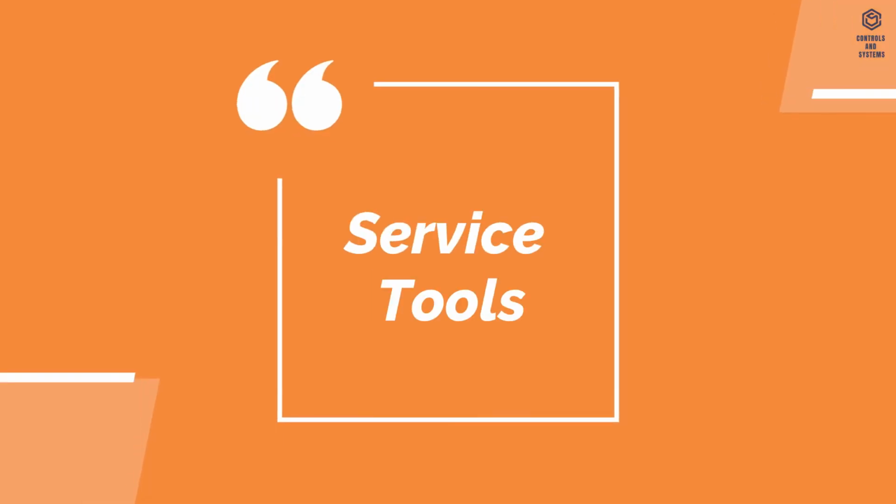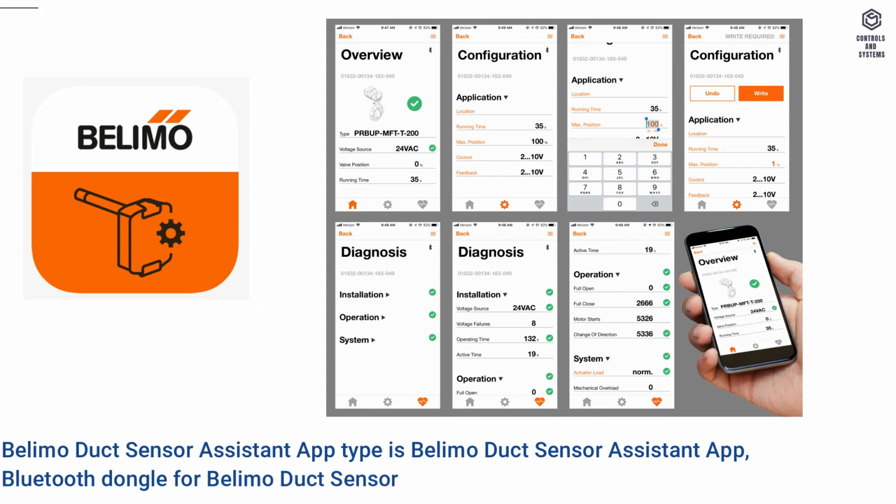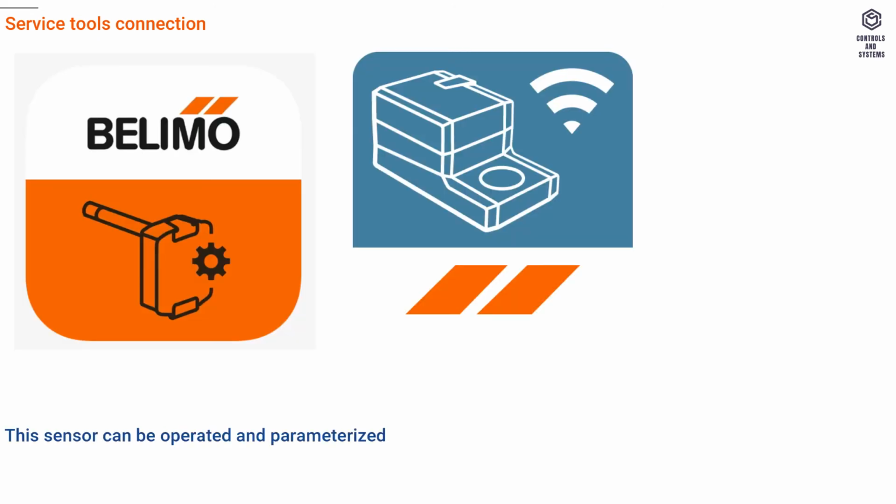Service tools. Belimo Duct Sensor Assistant App, type is Belimo Duct Sensor Assistant App. Bluetooth dongle for Belimo Duct Sensor Assistant App, type is A22GA05. Service tools connection. This sensor can be operated and parameterized using the Belimo Duct Sensor Assistant App.